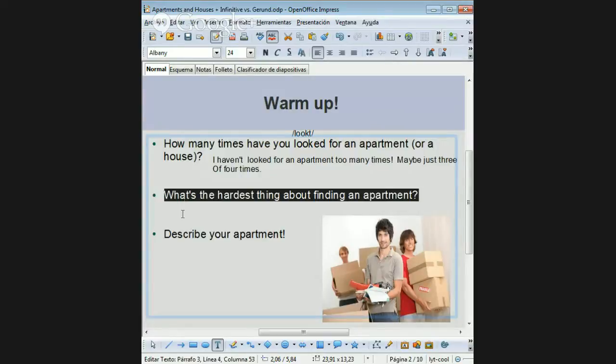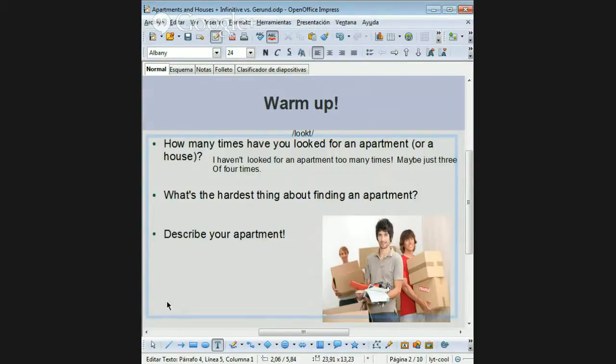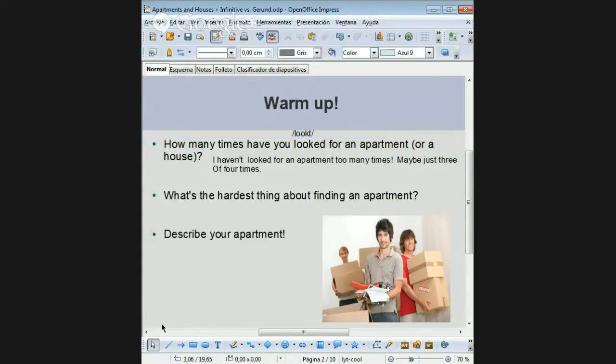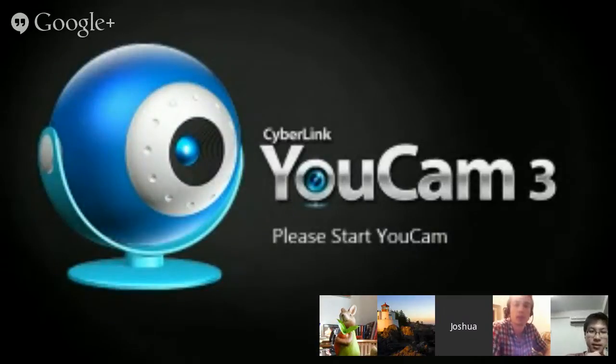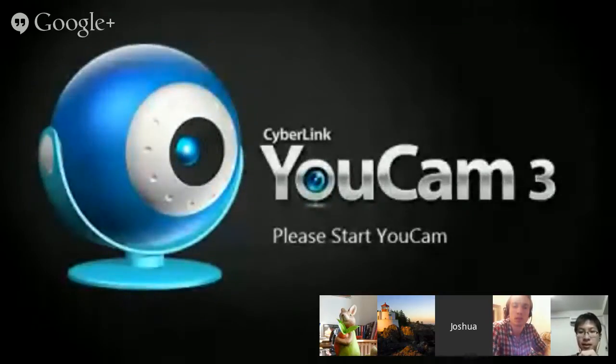What's the hardest thing about finding an apartment? The hardest thing about finding an apartment, I think, is maybe the location.